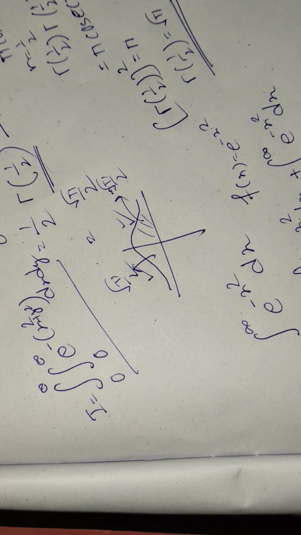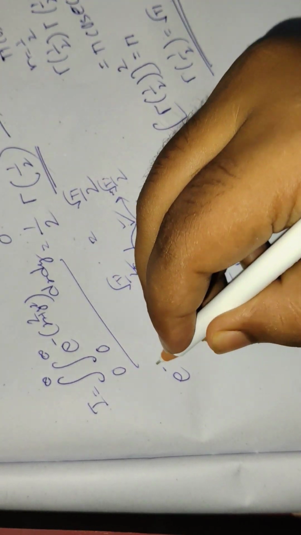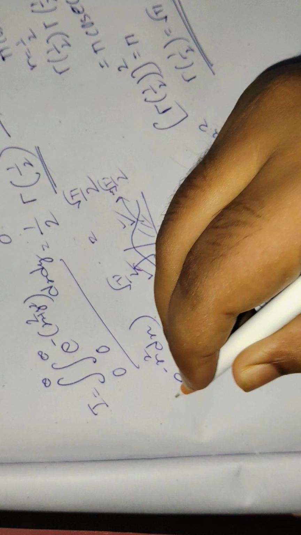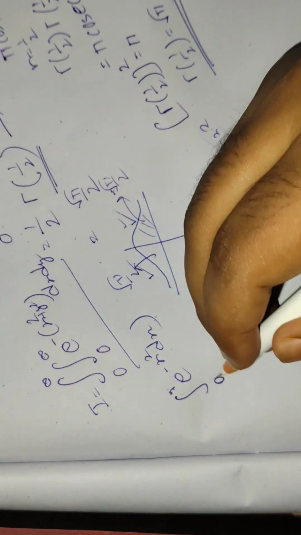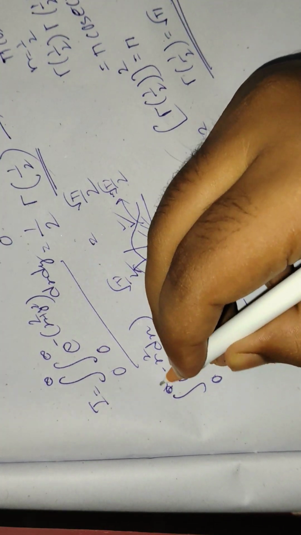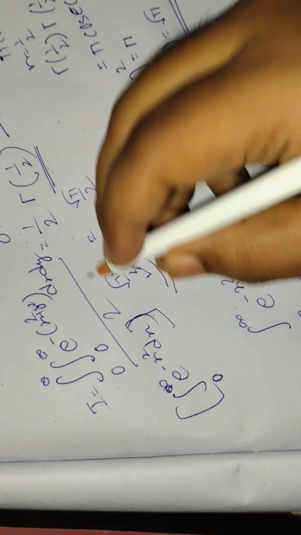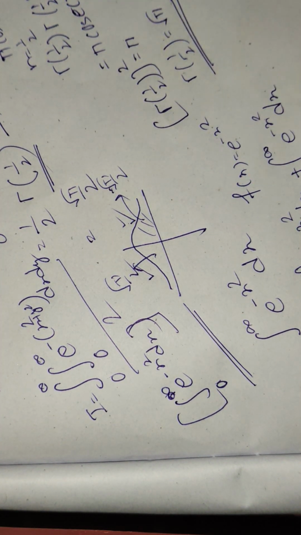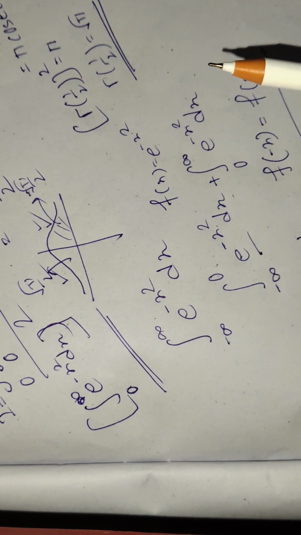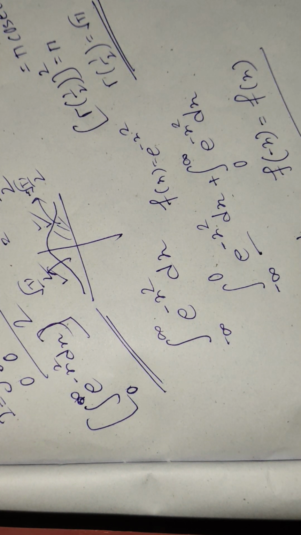I can easily find the value of the Gauss integral. It is nothing but e to the power minus x square dx integration 0 to infinity, whole square of that. Don't need to worry about that. If this integration comes, then you need to solve it using the gamma function. Don't need to worry about that.